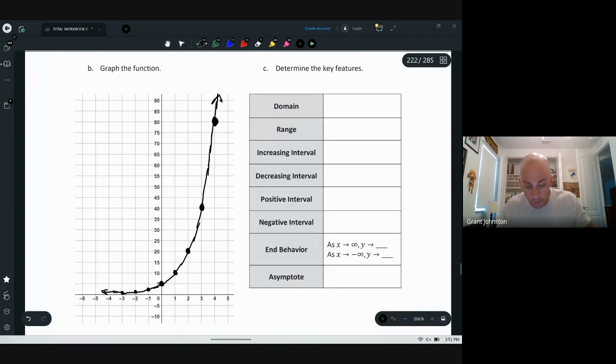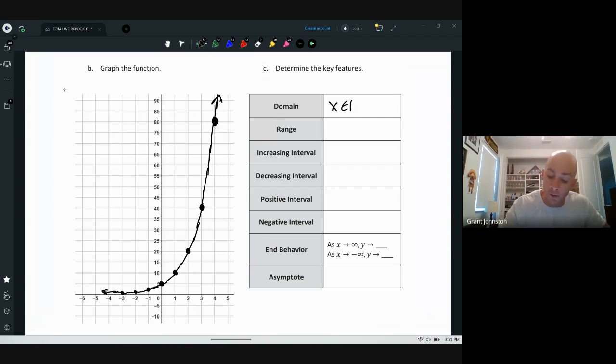So let's determine the key features. Domain, again, it's going to go forever in the negative direction, forever in the positive direction in terms of x. So x could be all real numbers. The range, it's never going to go below the x-axis. Never. It's only above the line y equals 0, right? So y needs to be greater than 0 for the range.